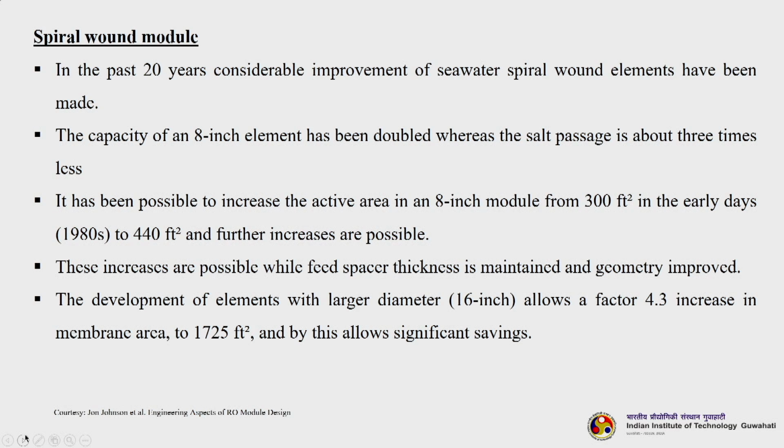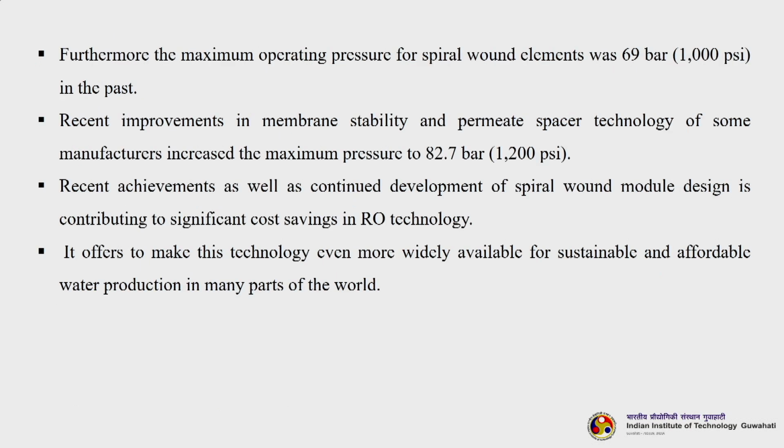Now, the development of elements with a larger diameter allows a factor of 4.3 increase in membrane area to almost 1725 square feet, and this allows significant savings. Furthermore, the maximum operating pressure for spiral wound elements was 69 bar, close to 1000 psi, in the past.